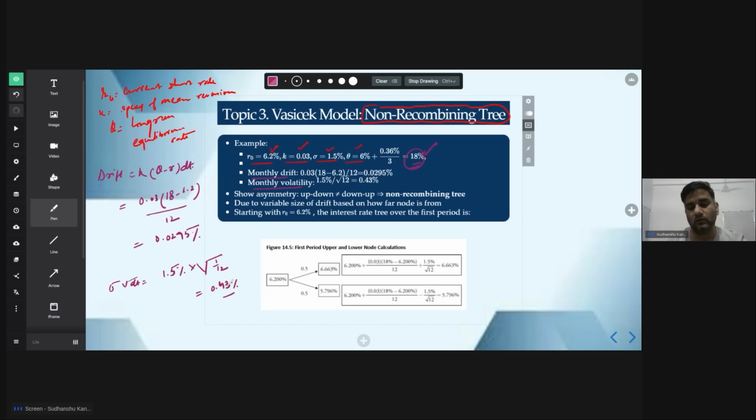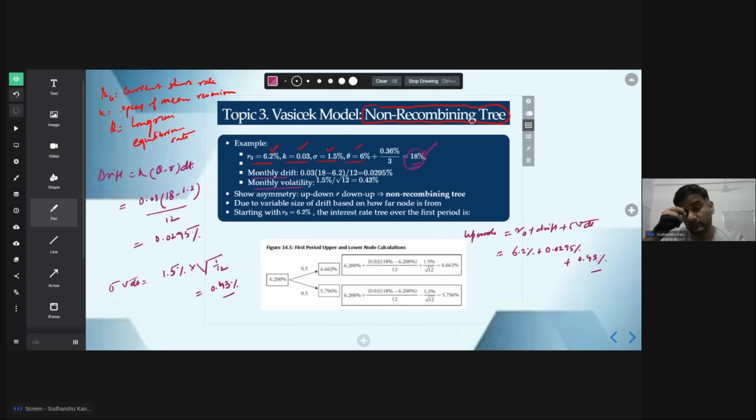So when we are calculating your up node, what is happening is r naught plus your drift, plus your sigma root dt, where r naught is 6.2%, drift is 0.0295%, and sigma root dt is 0.43%.